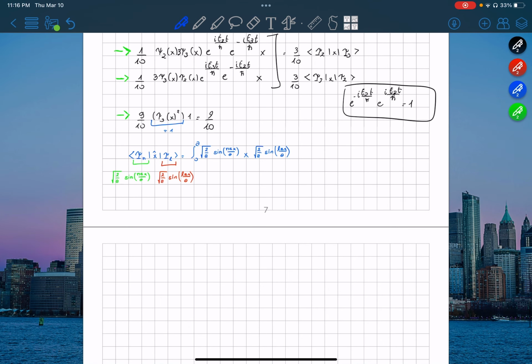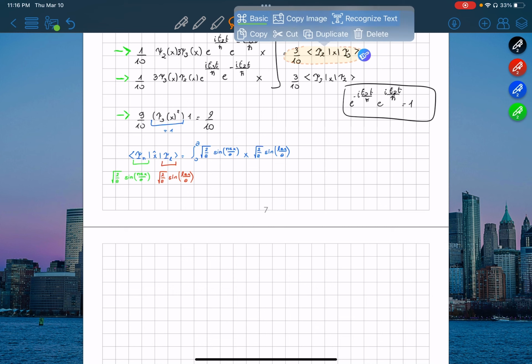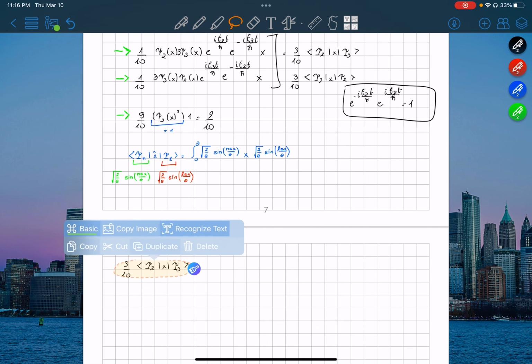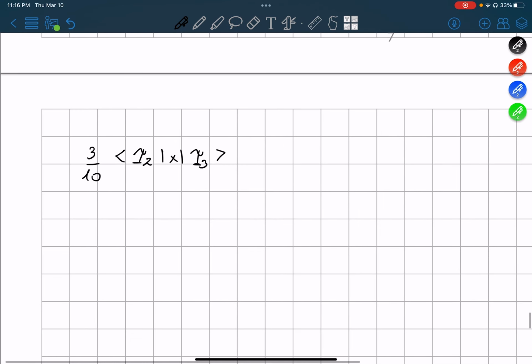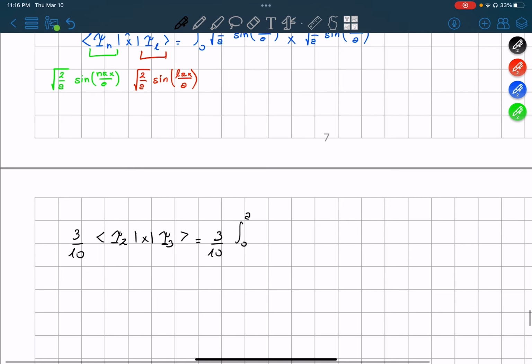So if we retake the part that we have over here, copy and paste over here, we know that this is equals to 3 over 10, and then the integral from 0 to a of the first one, but instead of n we have 2, so we're going to have square root of 2 over a sine of 2 pi x over a.